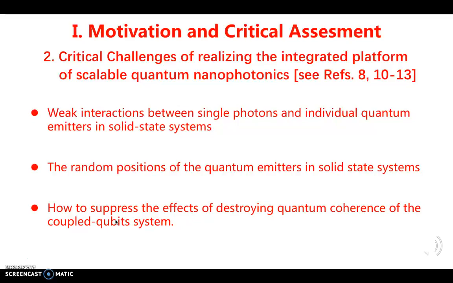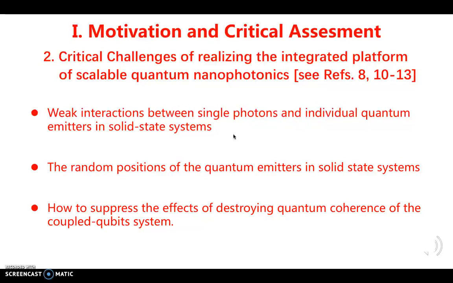What challenges need to be overcome? I think there is a big challenge in the overall goal and some difficulties in implementation. The outstanding challenge is the weak interaction between single photons and individual quantum emitters in solid-state systems. That means how to realize strong coupling between single photons and individual emitters for constructing integrated quantum devices.